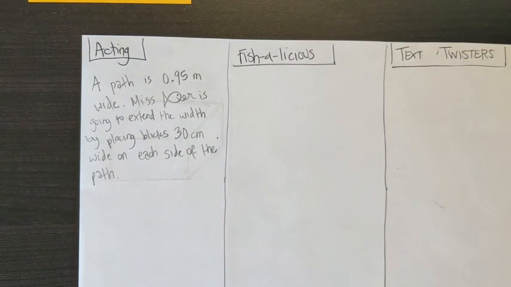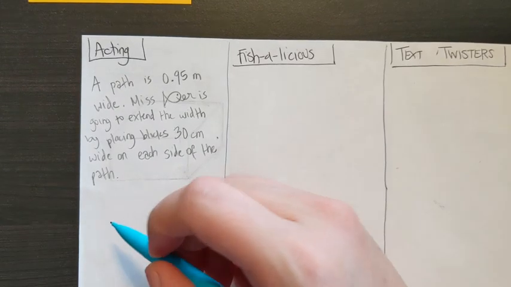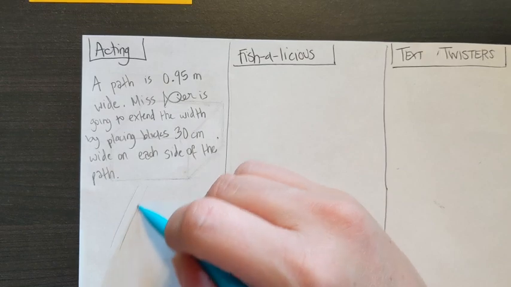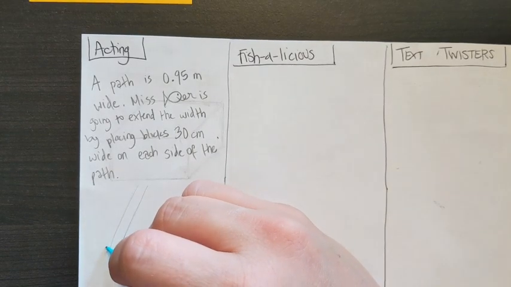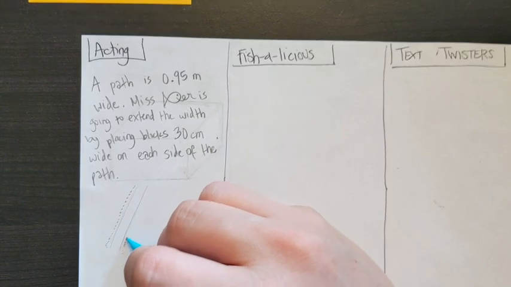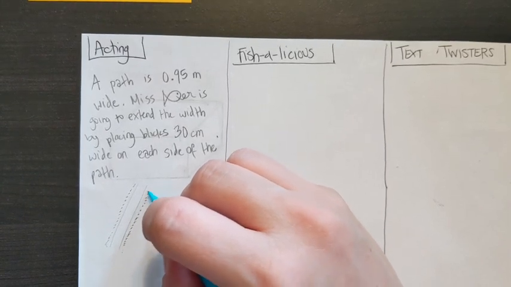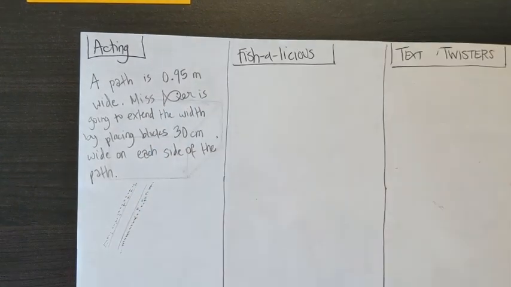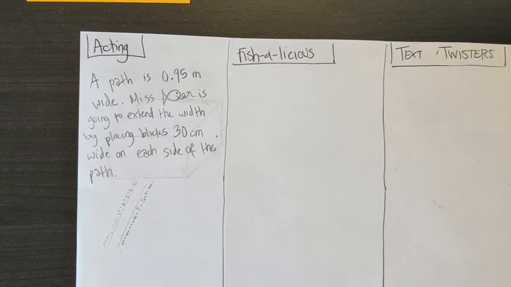Okay? So basically what's happening is we have this pathway. Here's a pathway. And I'm going to extend it by putting blocks on each side. So I'm trying to make it wider by putting blocks on the side. Okay? So the question is, the new path is how many meters wide?